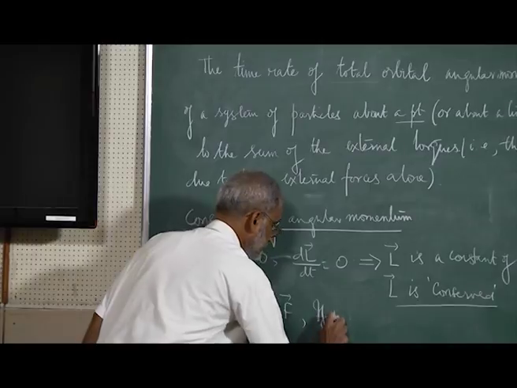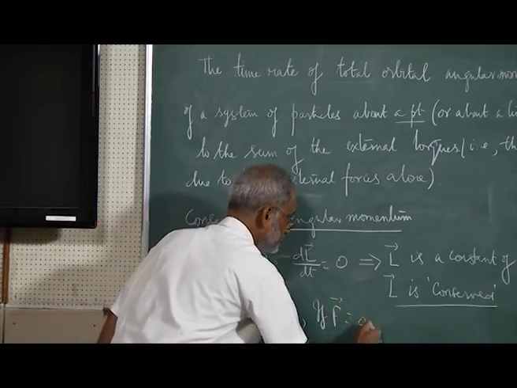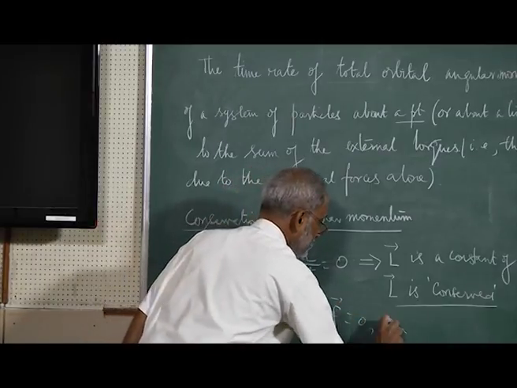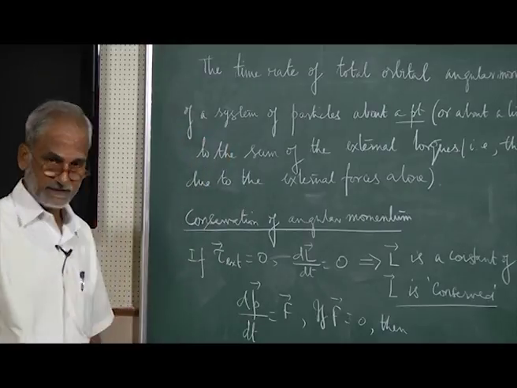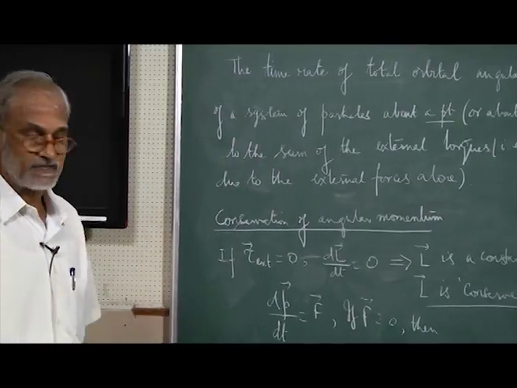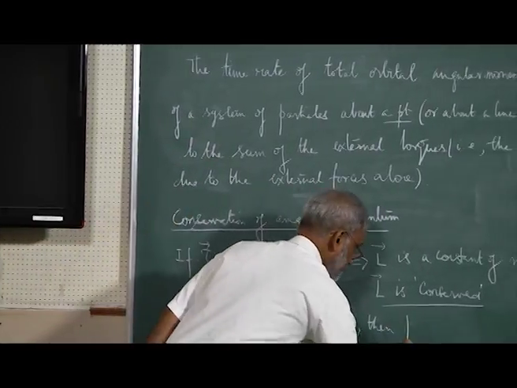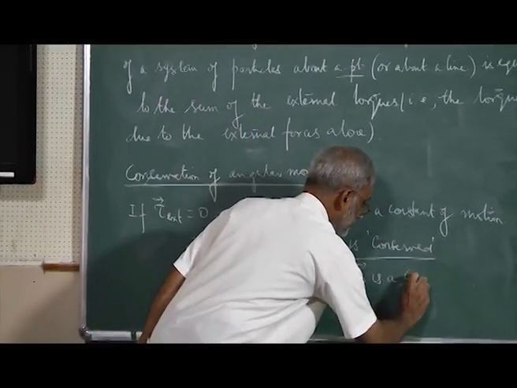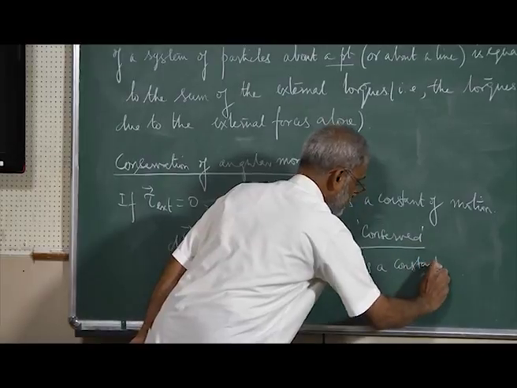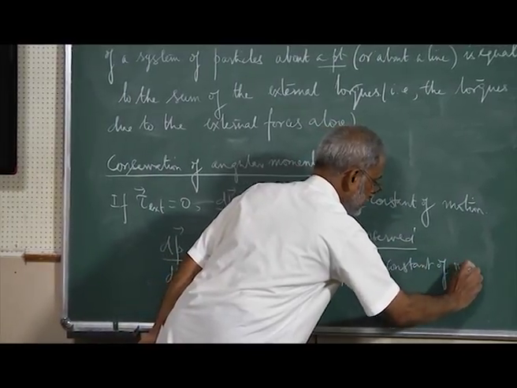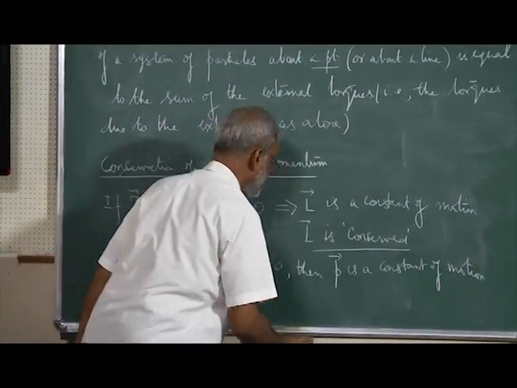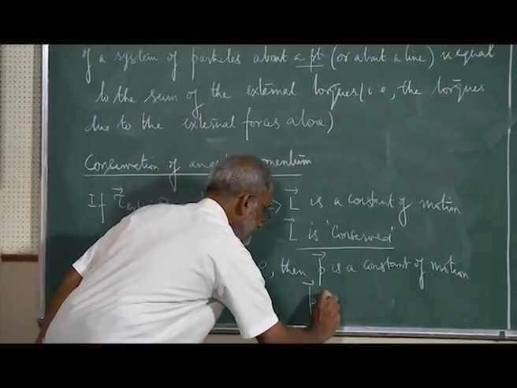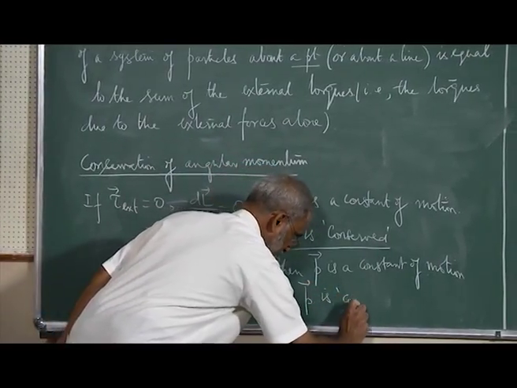If F is equal to 0, then the linear momentum is a constant of motion, or equivalently, p is conserved.